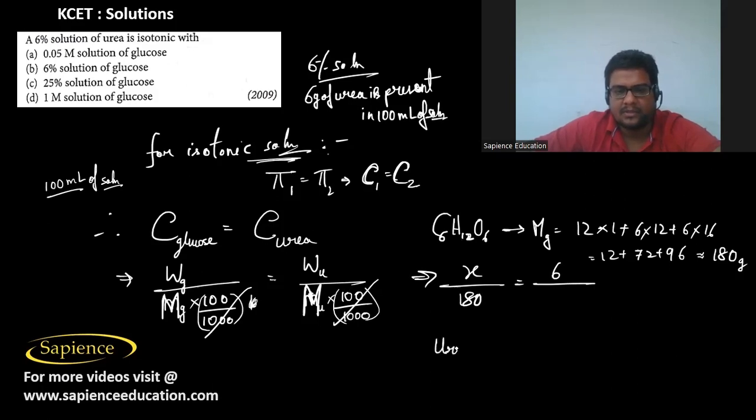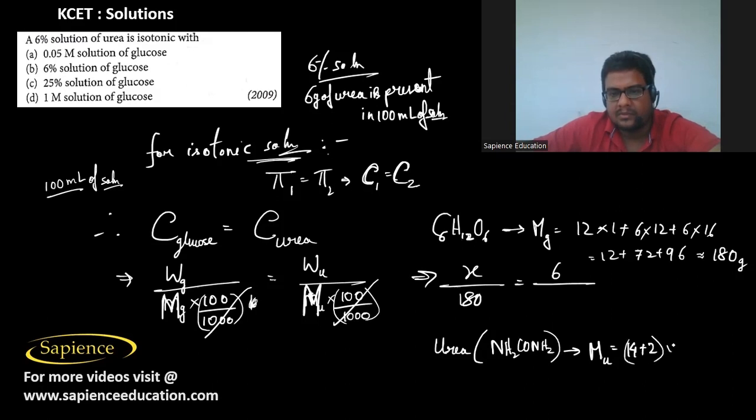Now urea is NH2CONH2, CO(NH2)2. So the molar mass of urea will be equal to 14 plus 2 into 2, plus carbon, that is 12, plus oxygen, that is 16.